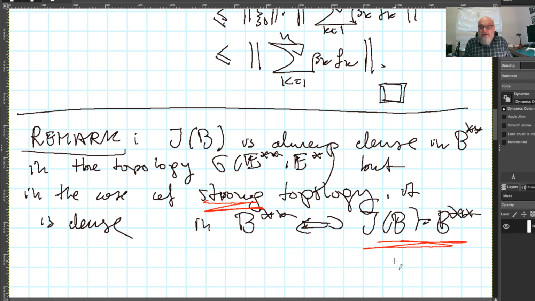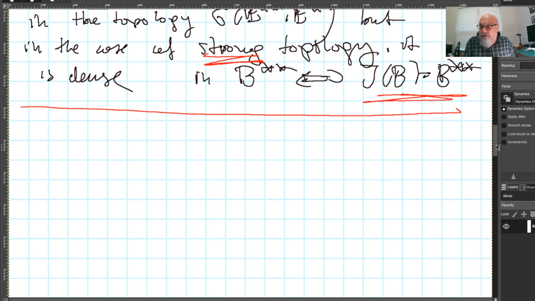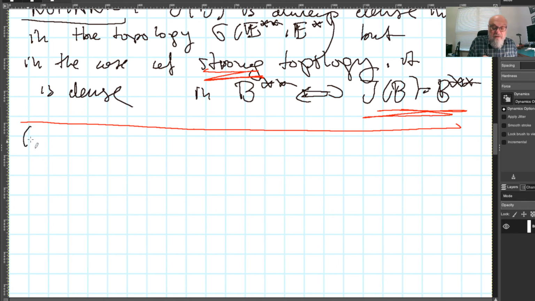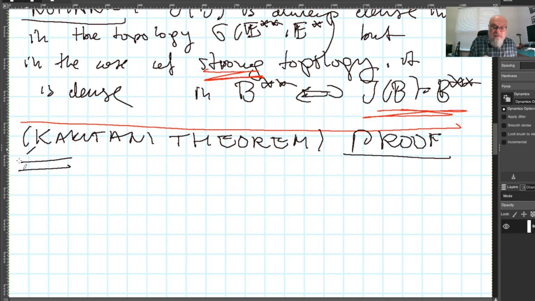So now we can finish the proof of the Kakutani's theorem. Proof, and the remaining is this implication. So we will need to show that the space is reflexive.